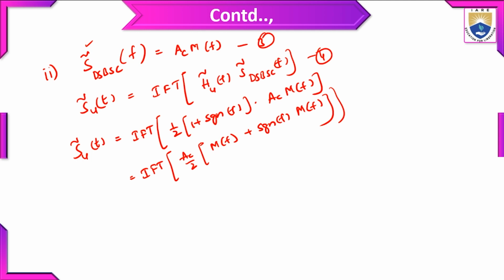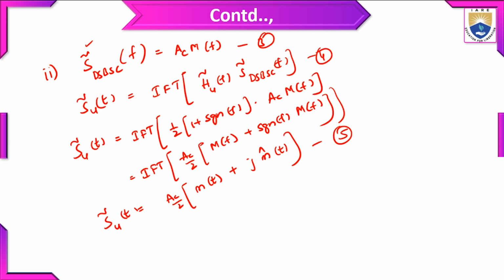So S tilde U of T, that means the upper sideband of the SSB signal, is AC by 2 put outside. The inverse Fourier transform of M of F is just M of T, and with the signum function the inverse gives a complex value, j M cap of T. So this is my fifth equation.